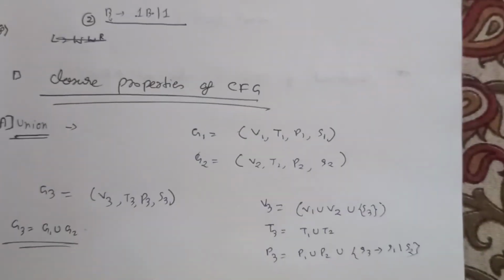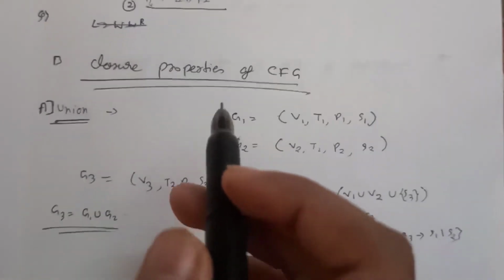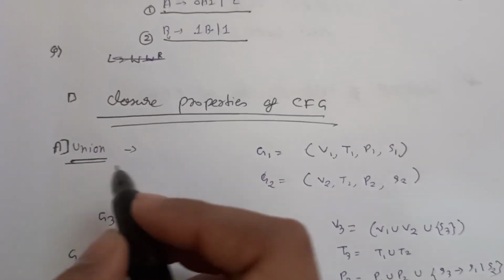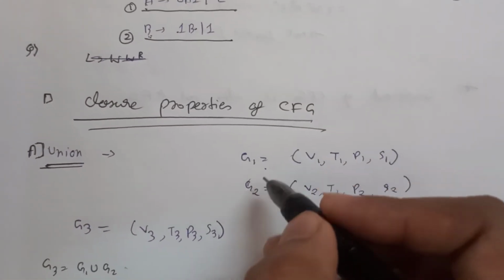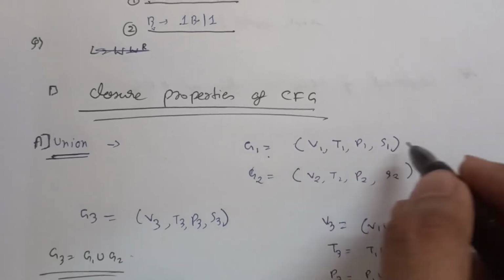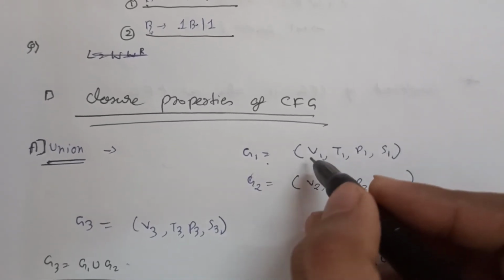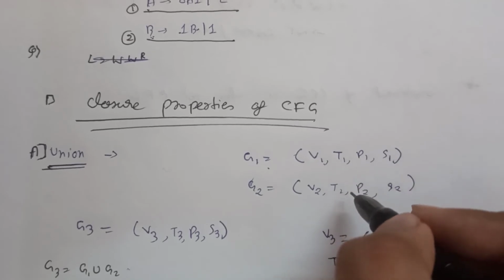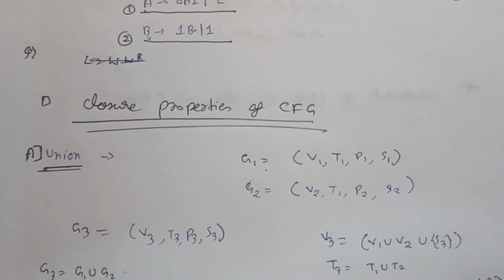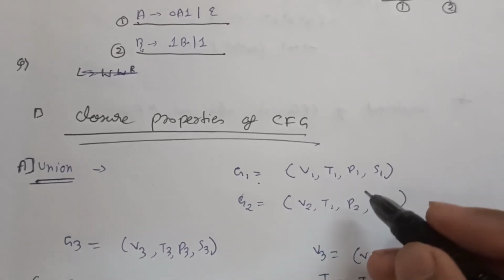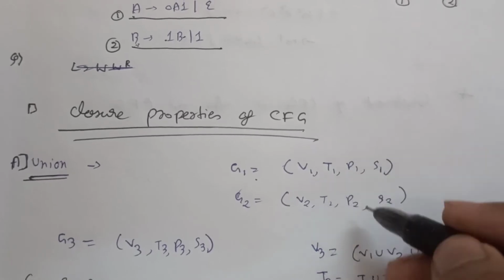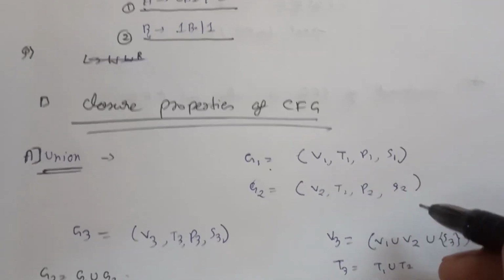Now see some closure properties of CFG. So there is a closure property, union. Okay, so if there are grammars G1 and G2 which have these tuples, V1 is the variable set, T1 and T2 are the sets of terminals, P1 and P2 are the sets of production rules, and S1 and S2 are the start variables.